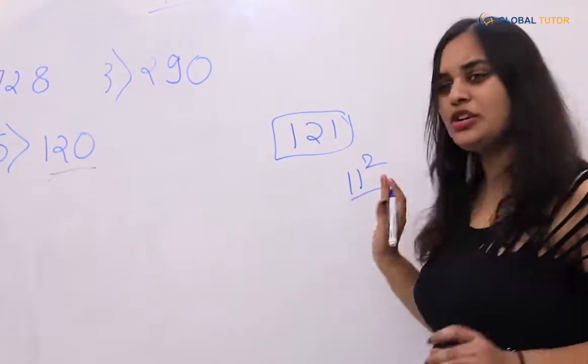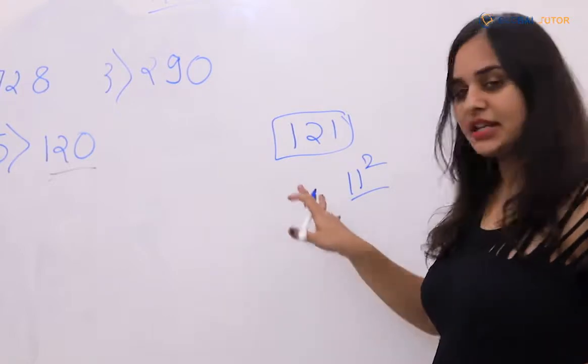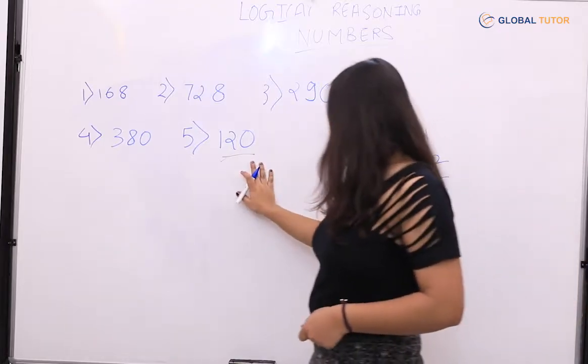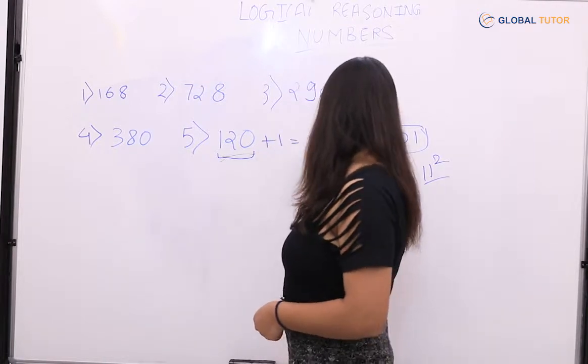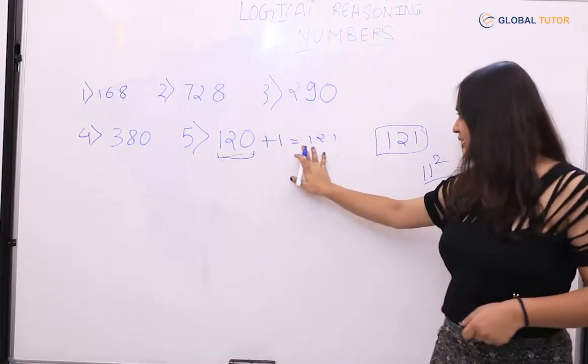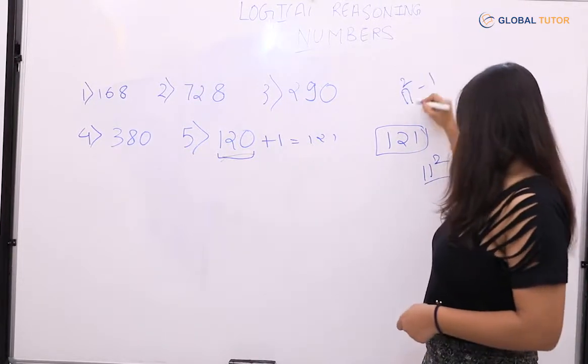It is something that we know and we've seen and we've solved a lot of times. So let's connect it with that, right? 120 plus 1 equals 121. So technically, this particular option is n square minus 1.